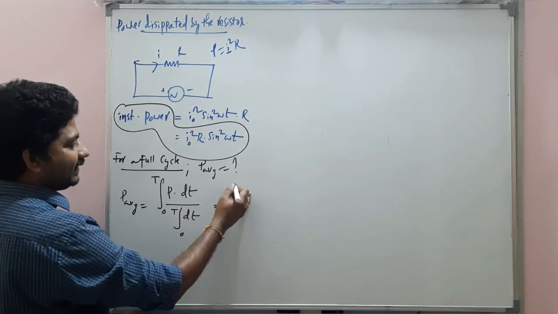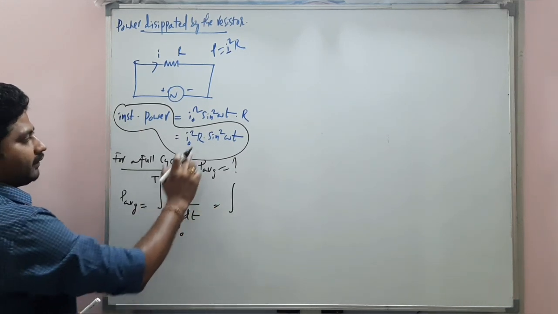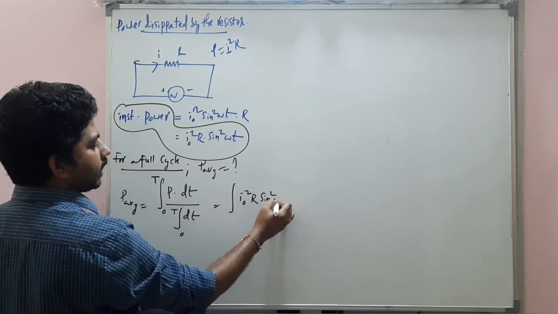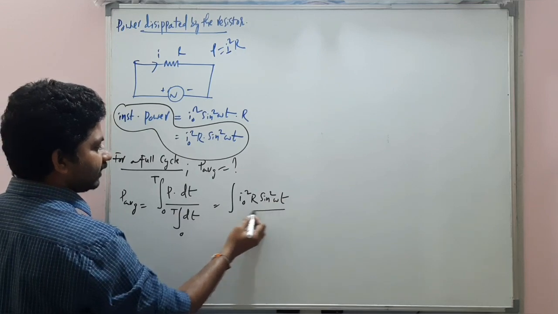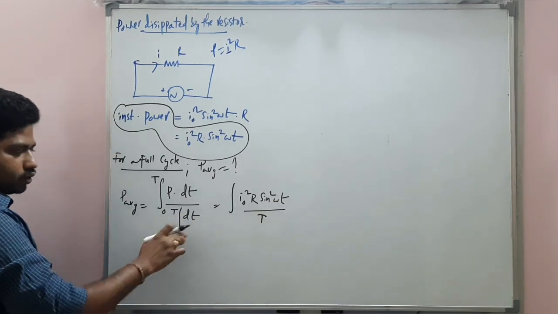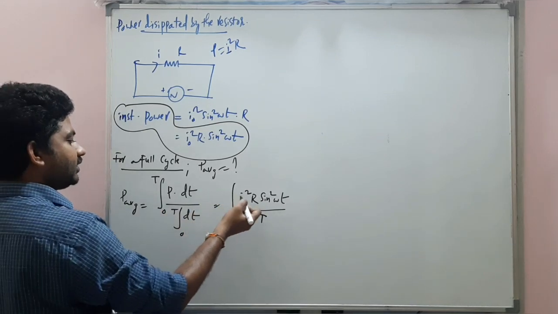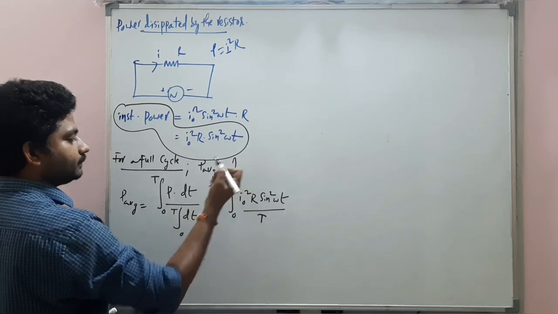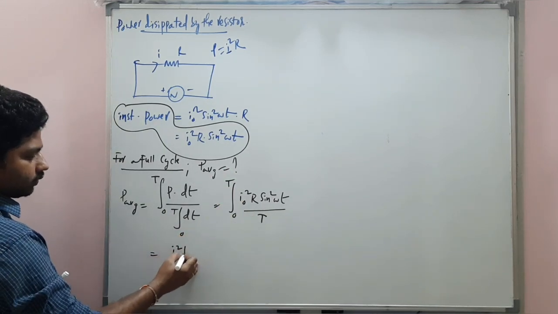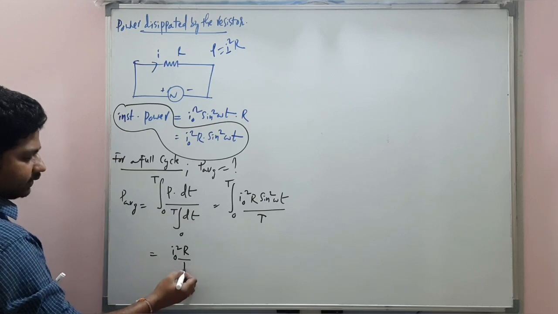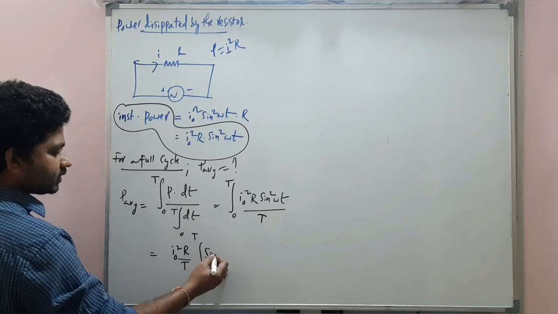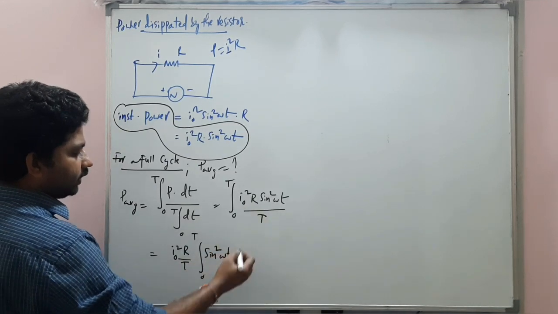So that is the integral of P, the instantaneous power, which is I naught square into R sine square omega t, divided by the integral of dt, which is T. The limits also apply here, 0 to T. Here I naught square R divided by T times the integral from 0 to T of sine square omega t dt.